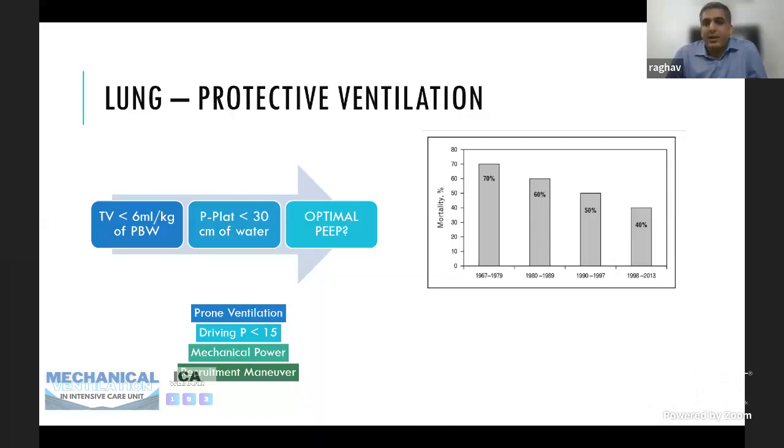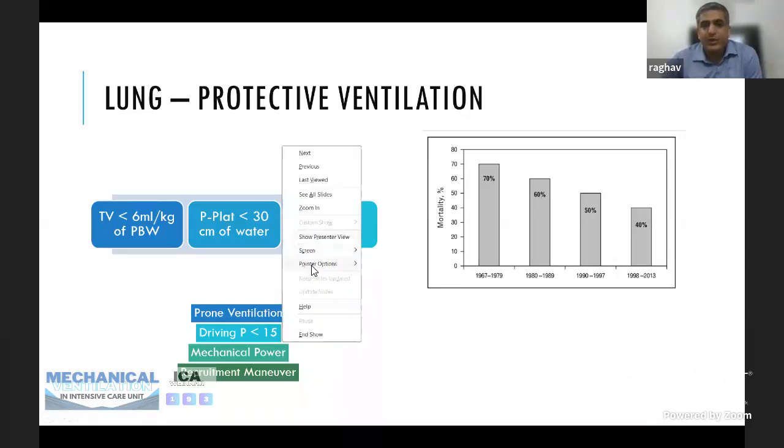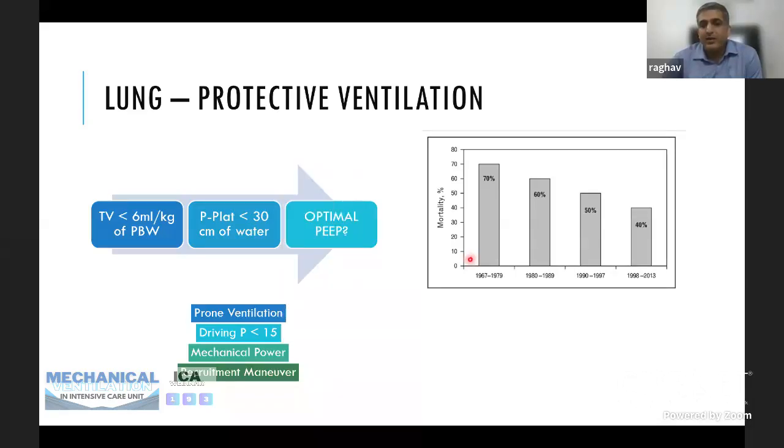At that time, the mortality in ARDS patients used to be around 70%. However, since lung protective ventilation has been introduced, the mortality has decreased considerably. And currently, the recent trials show that the mortality in ARDS patients is only around 40%.